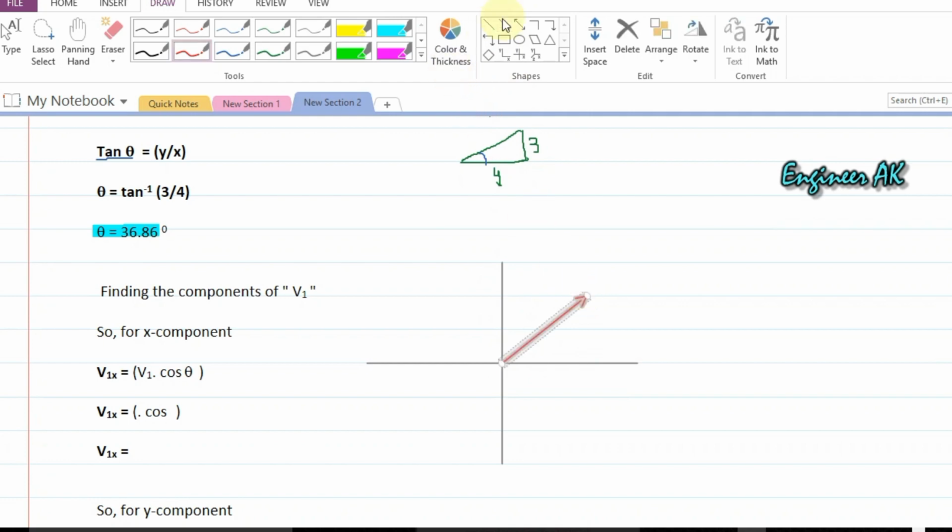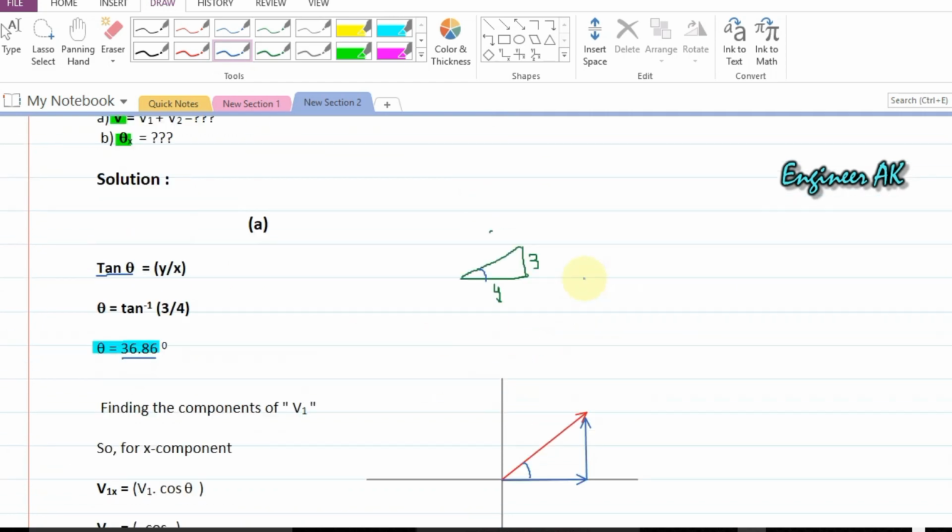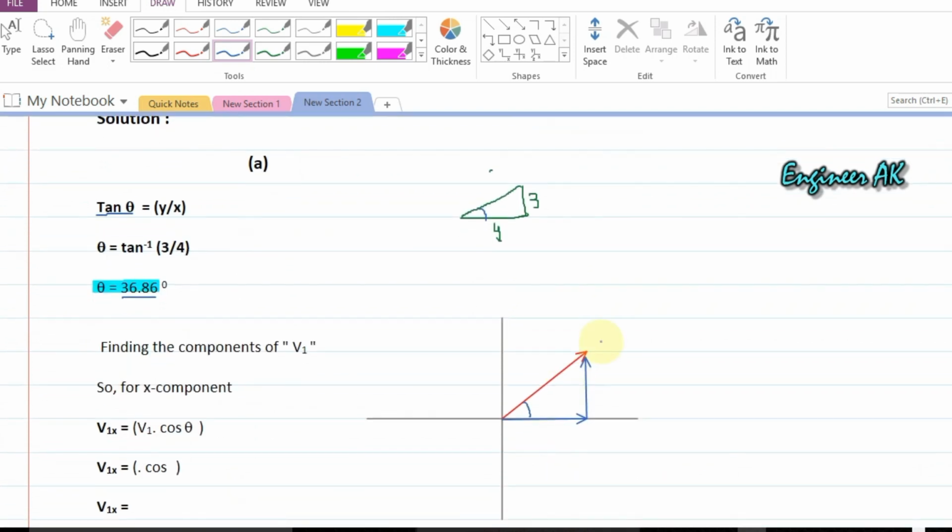It is something like that, and it will have two components: one in the x direction, and the other in the y direction. And this angle is 36.86 degrees, and here the value is 10 units.